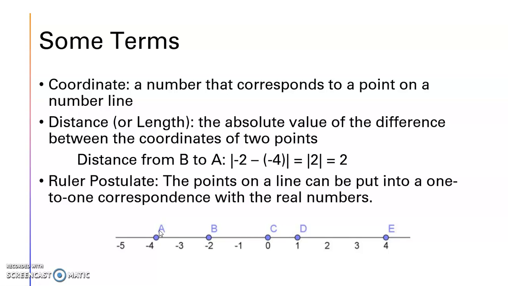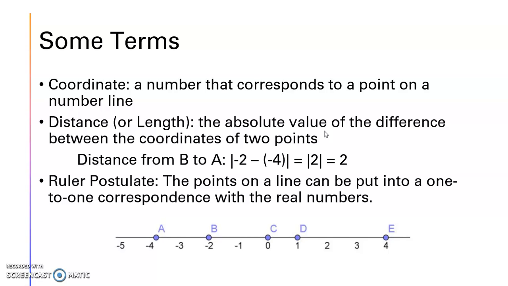Next, let's talk about distance or length. Distance obviously is how far apart two things are. To calculate that using coordinates, we use the absolute value, and that's only because distance cannot be negative. It doesn't make sense to say I walked -2 miles. So we need to make it positive if we ever get a negative value.